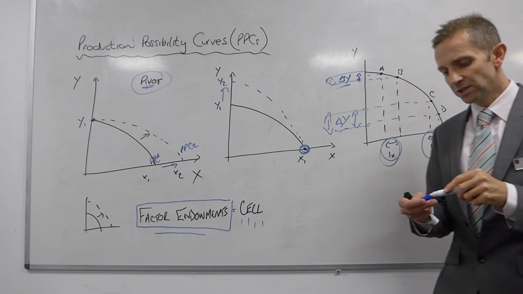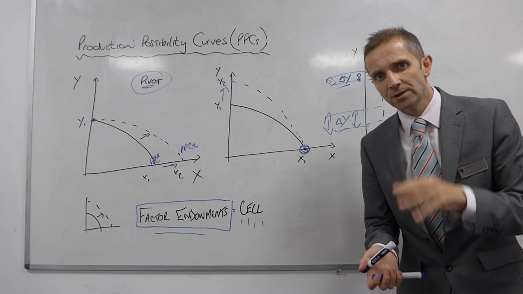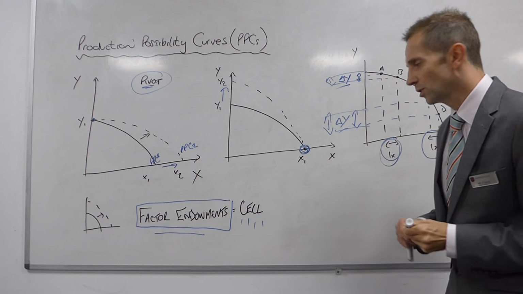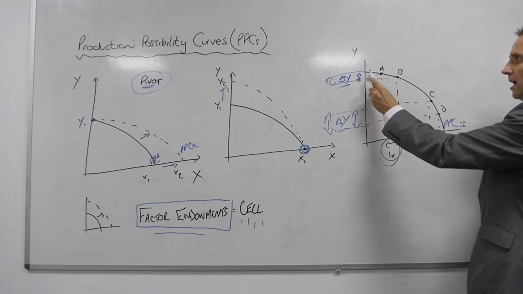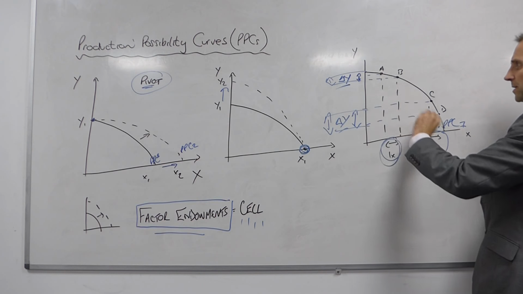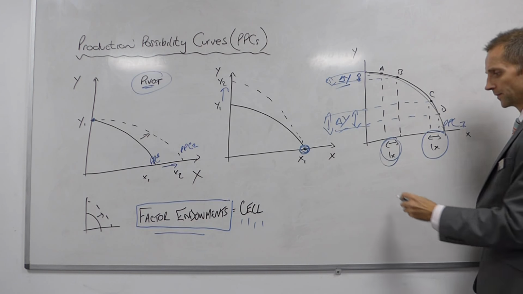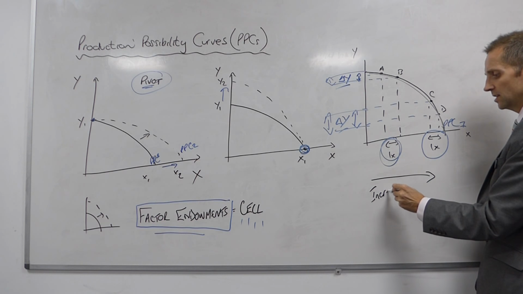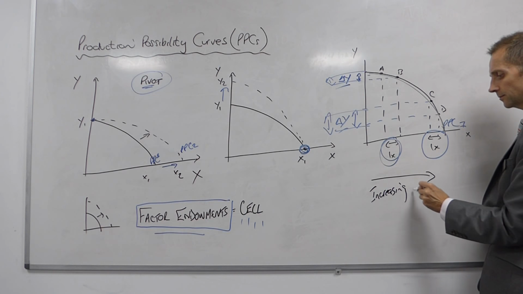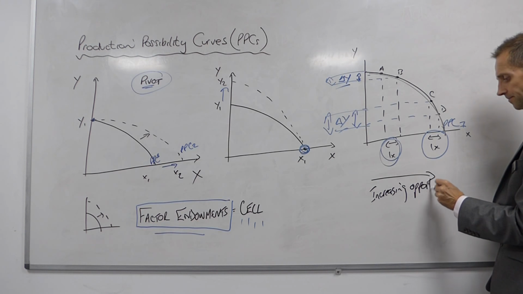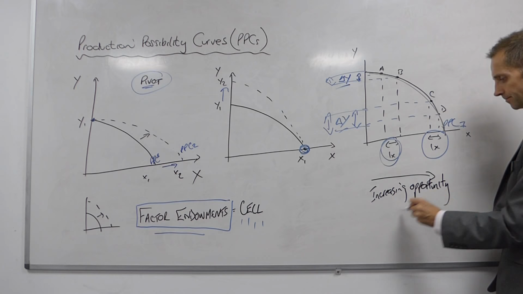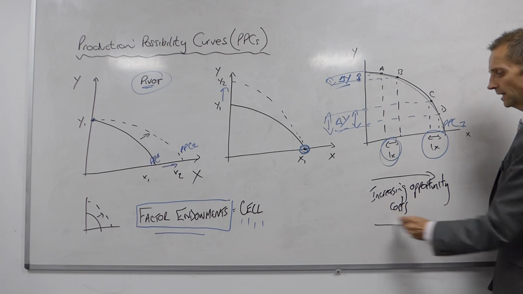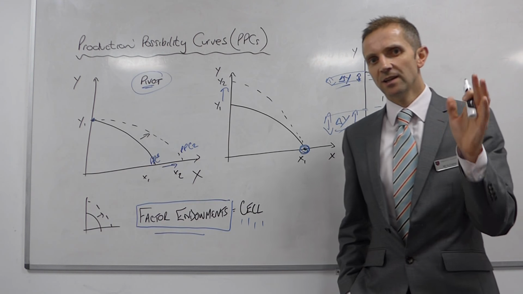Now that, ladies and gentlemen, is obviously because, I'm sure the clever clods amongst you have worked that out, as we move around the PPC, due to its shape, we are encountering what's known as increasing opportunity costs. Now, let's think about why that might be the case.